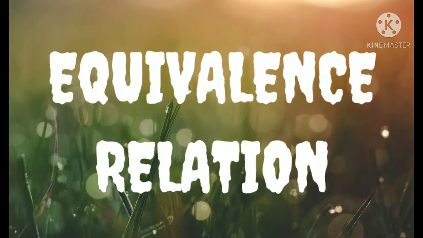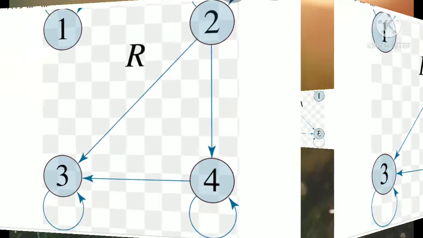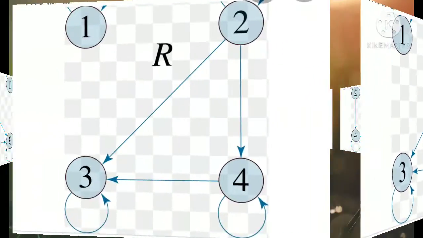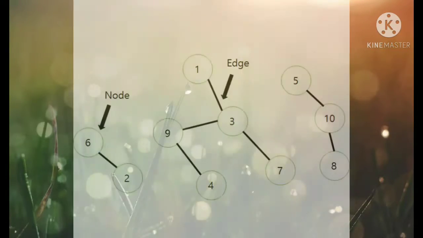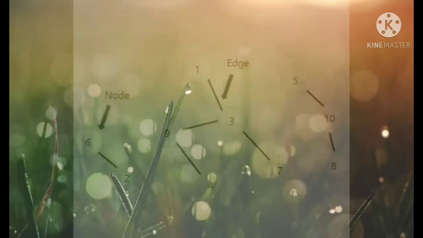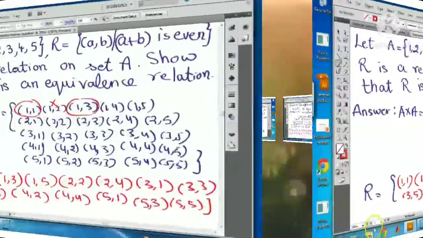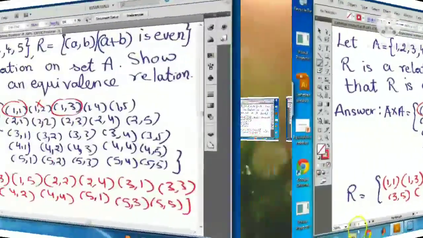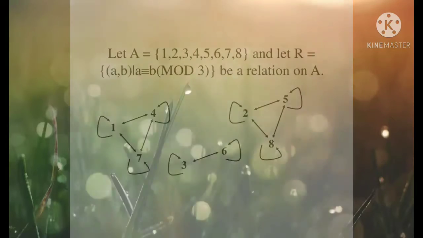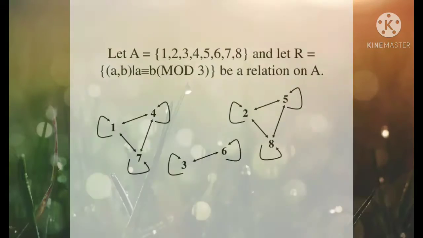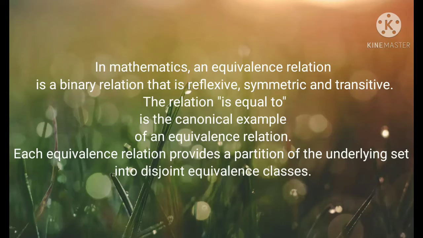Equivalence relation. An equivalence relation is a binary relation that is reflexive, symmetric, and transitive.